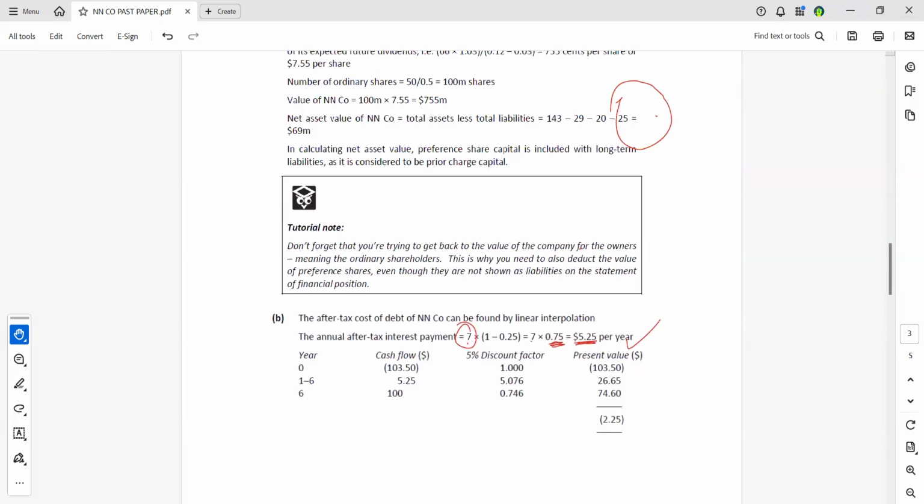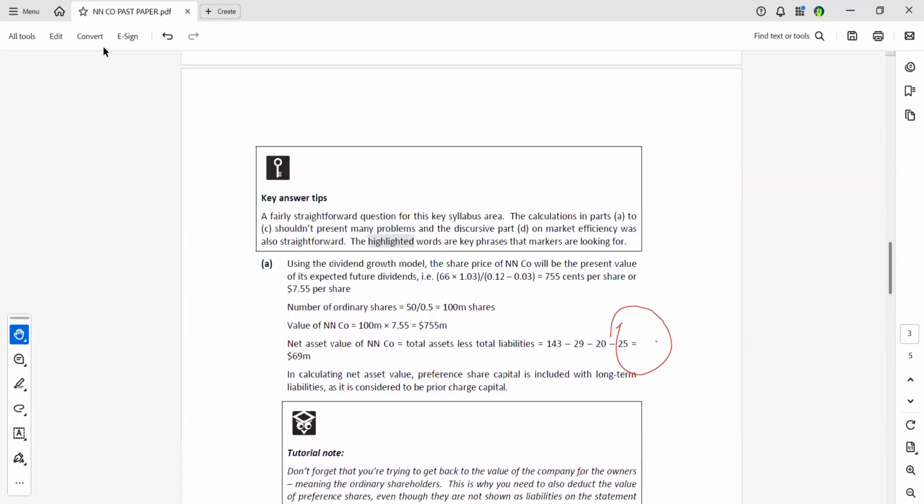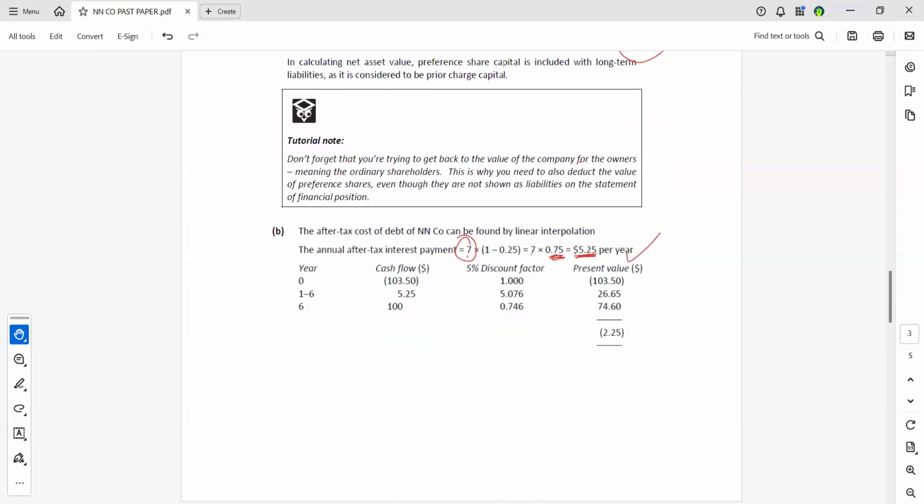Now let me go back and explain why it is a dollar value. It was not even explained, so let me explain it. You see, they gave us 7%. Now, the value quoted of the debt, the bond, is $100. So 7% times $100 is what gives us $7.